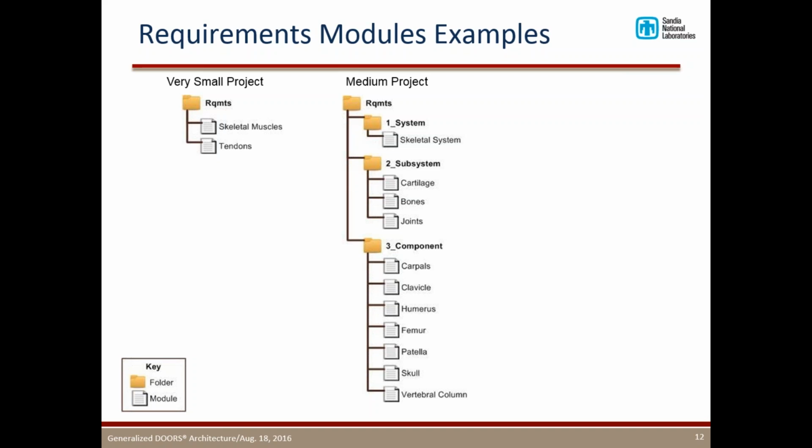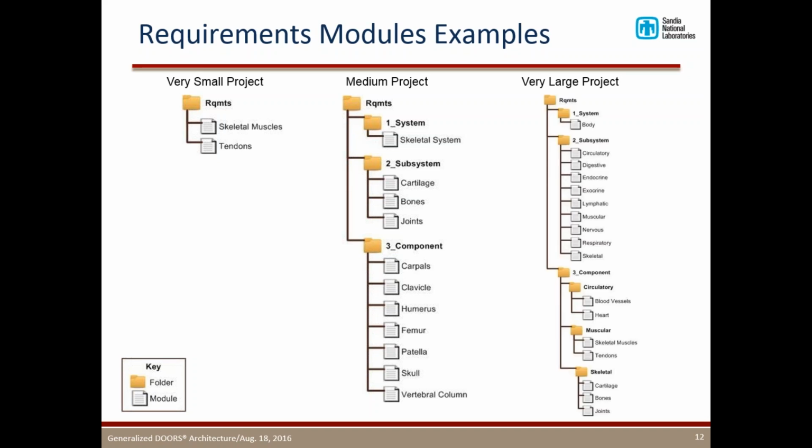Here's an example of a medium project where you have system, subsystem, and component. Notice we kept the numbers and the labels to force a specific order of these folders, and this supports the traceability. And then each module in each one of those folders actually are requirements at that same level.